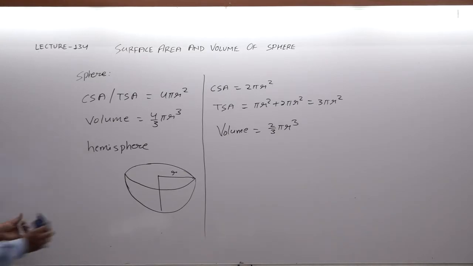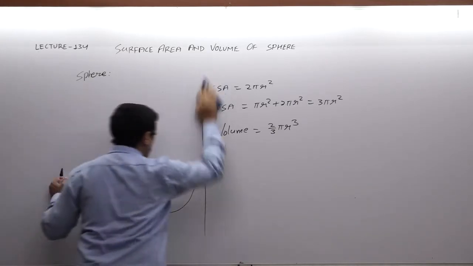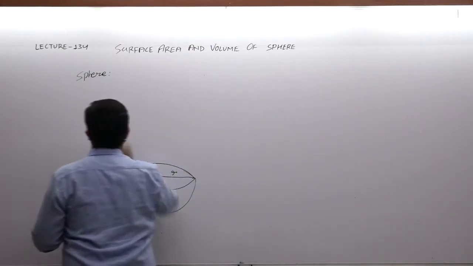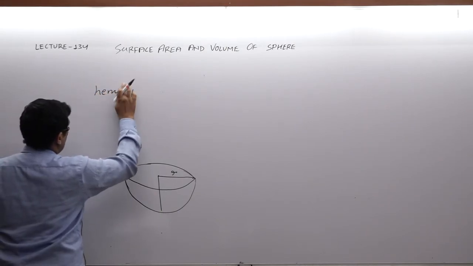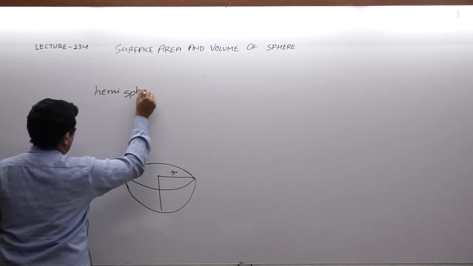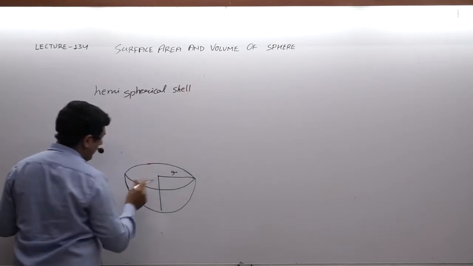Okay, now we will see total surface area, curved surface area and volume for a hemispherical shell. Hemispherical shell, or we can say hollow hemisphere.